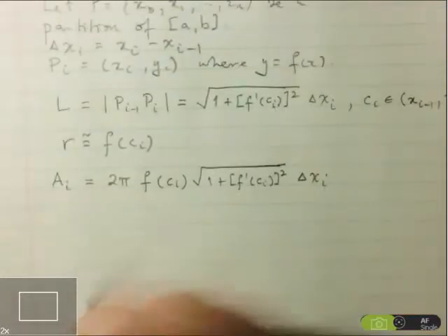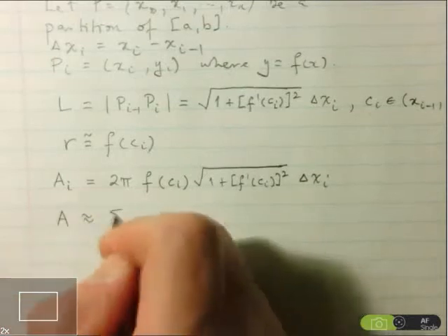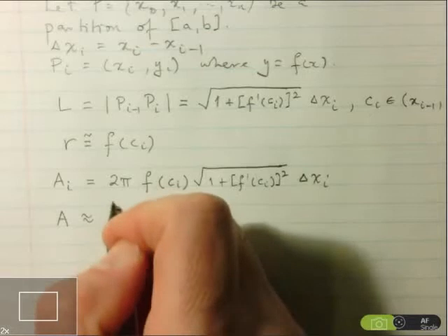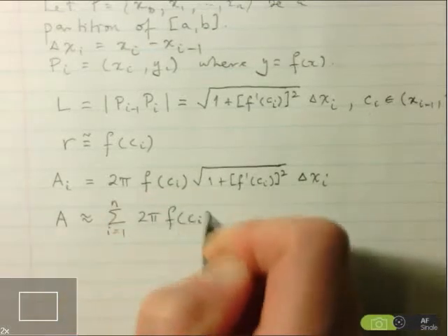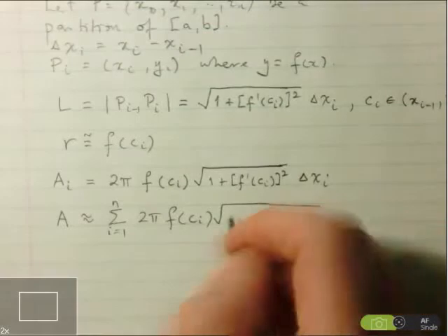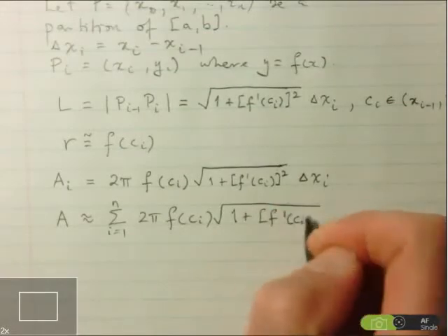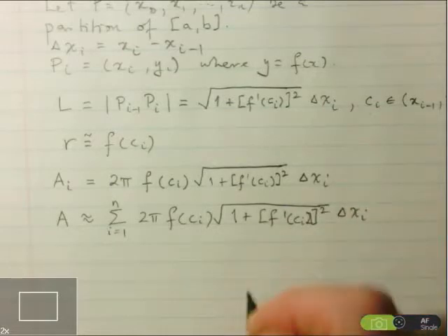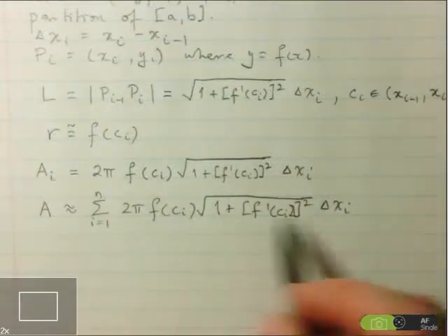If we want an approximation for the total area, we just sum up all of these individual expressions: 2 pi f at ci times our nice square root expression. And lo and behold, we have exactly what we were looking for, which was a Riemann sum.